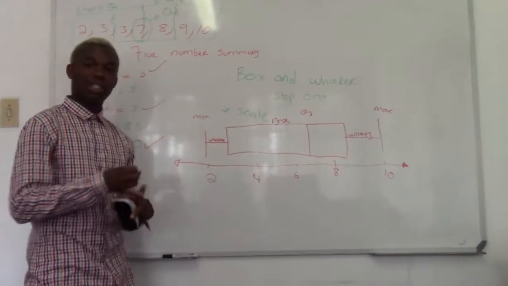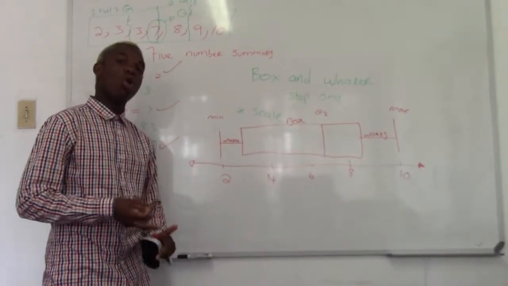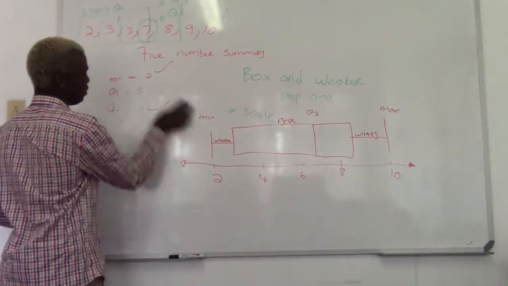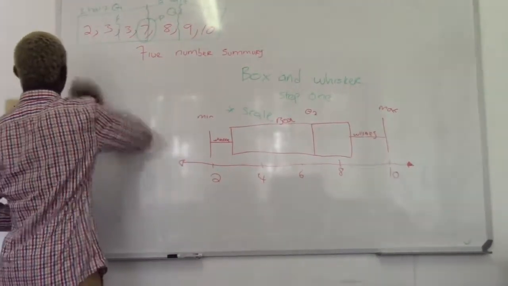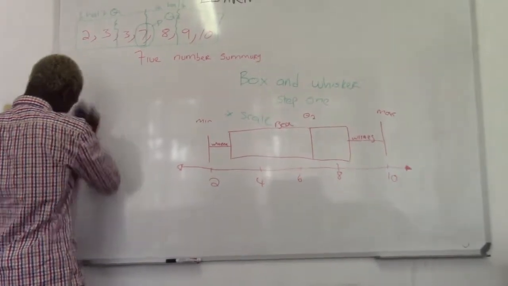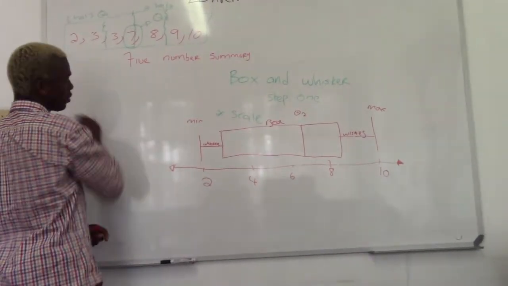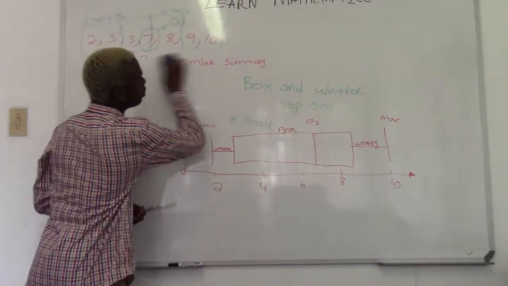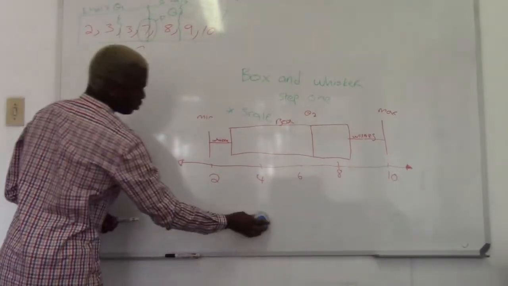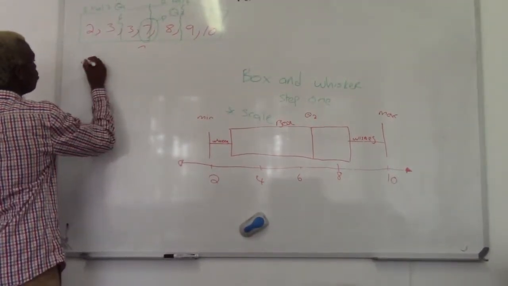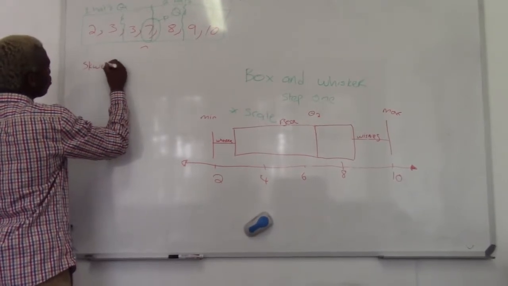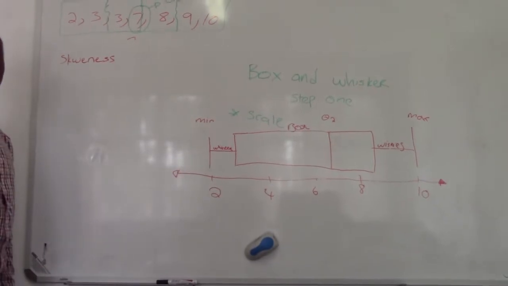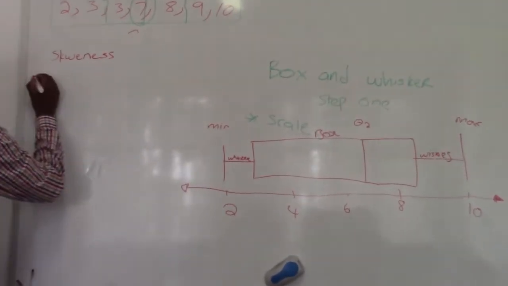It is either positively skewed, negatively skewed, or equally distributed. Under skewness, you can have 3 options.